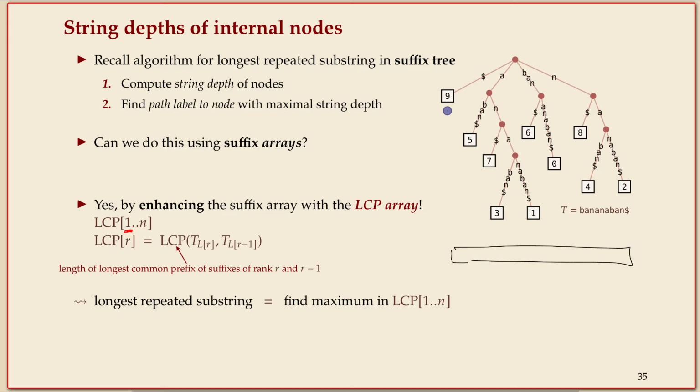So if I take the suffix array of this string, I should just follow the leaves left to right, right? That's what we get. 957316084 and between any two adjacent ones I can define this LCP array.